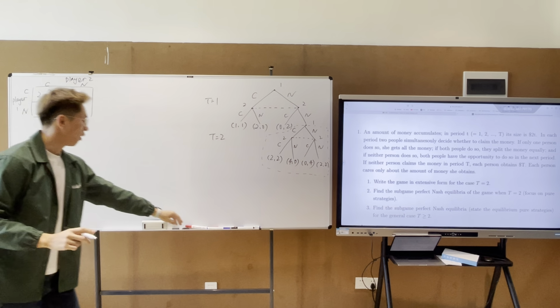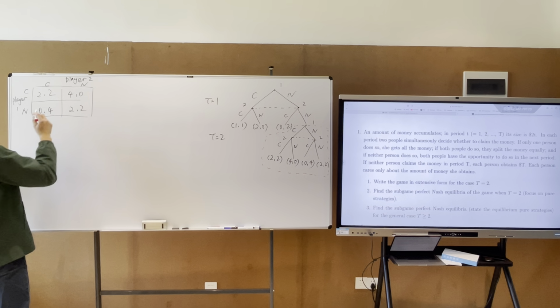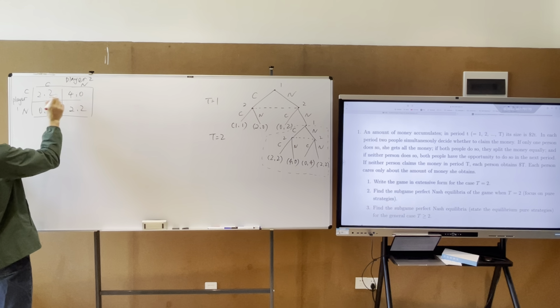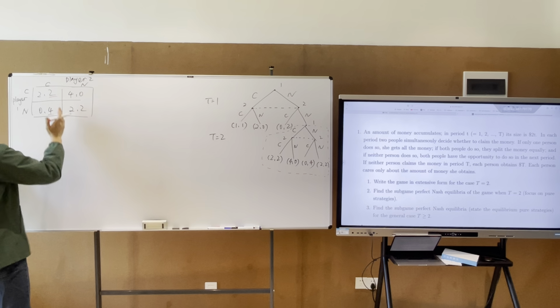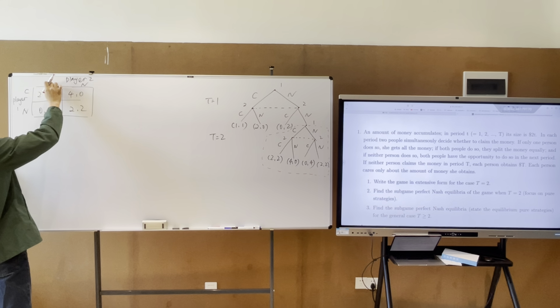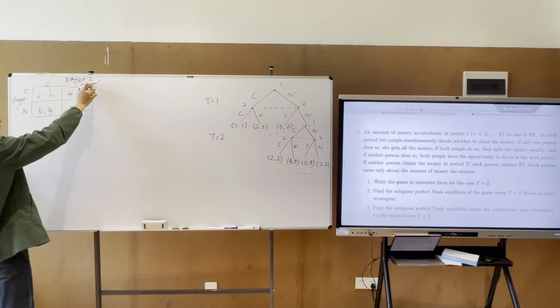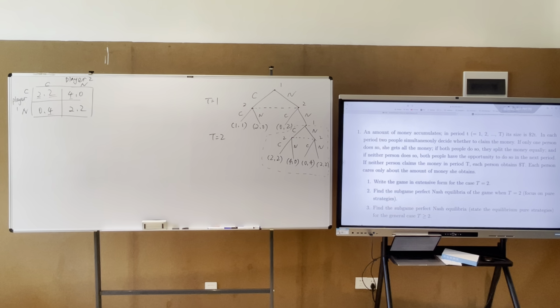So, what is the Nash equilibrium of this game? We see if player 1 chooses to claim, then player 2 chooses to claim. If player 1 does not claim, player 2 claims. Given player 2 chooses to claim, player 1 claims. And given player 2 chooses not to claim, player 1 will choose to claim.